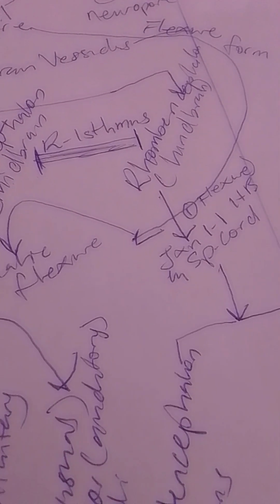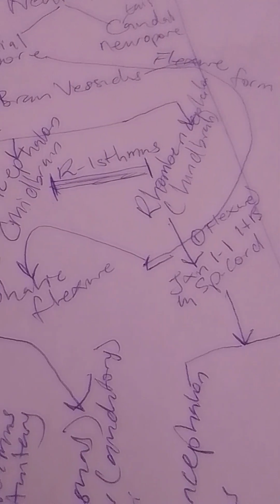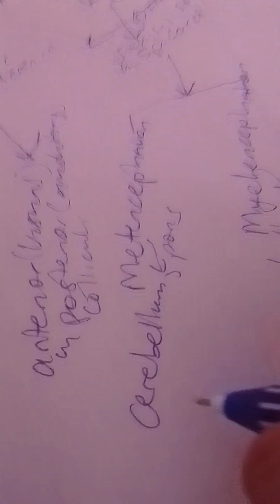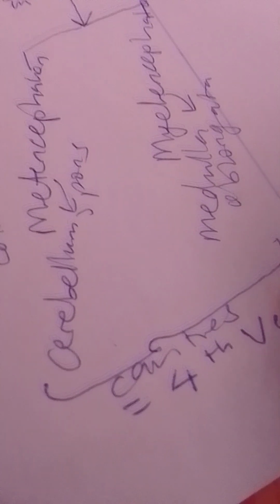So now further, we're going to see something else happen here. This is still our rhombencephalon, metencephalon, myelencephalon. Within this area, we're going to have cavities that are going to form. The cavity that will form here is the fourth ventricle.